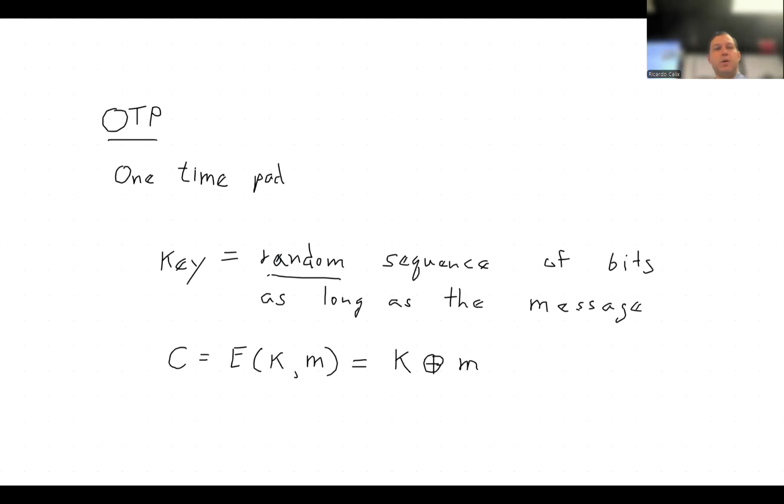So maybe let's do an example here. I'm going to add a new page. A random sequence of bits. Let's say I have this, and this is my message, a movie, something that I'm sending.